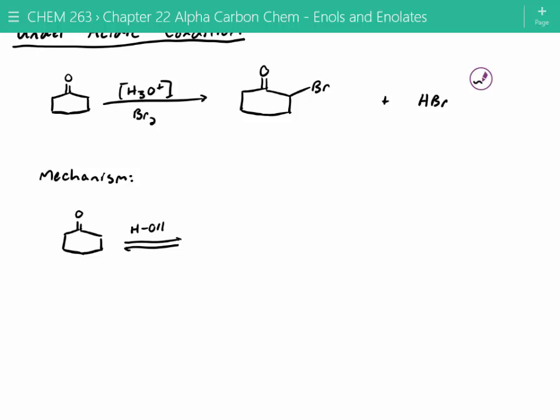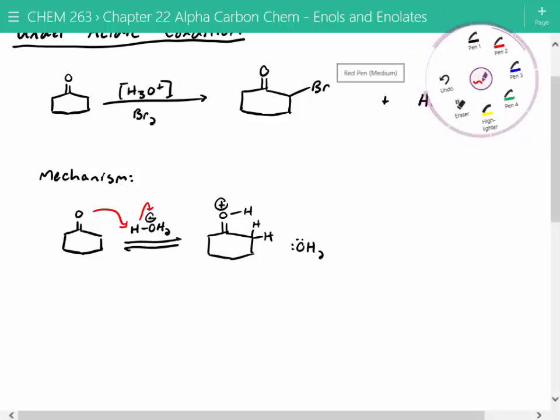Protonation of our carbonyl. So we can show the carbonyl grabbing a proton, kick off water. Now we've got water around that can deprotonate our alpha position, and that will give us our enol.